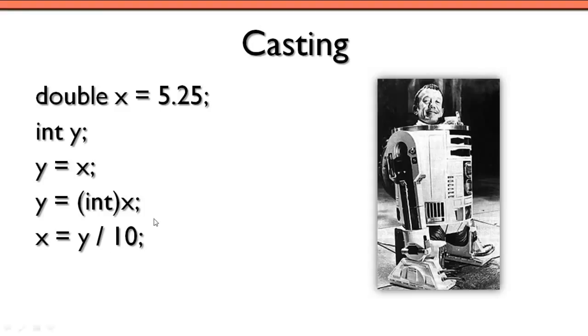We can explicitly cast either the y or the 10 to be of type double. I'm going to show how to do an explicit cast for the y value. Here we do this explicit cast, and what we've done is just put the type that we want in front of the variable or the value. You could do the same thing over here in front of the 10.